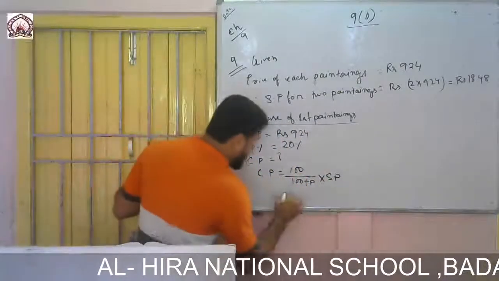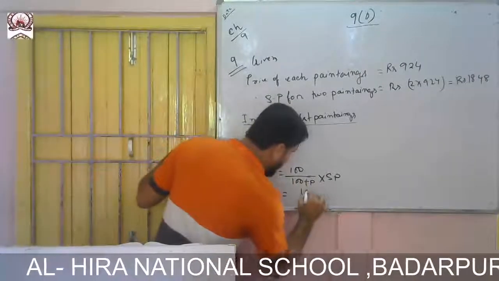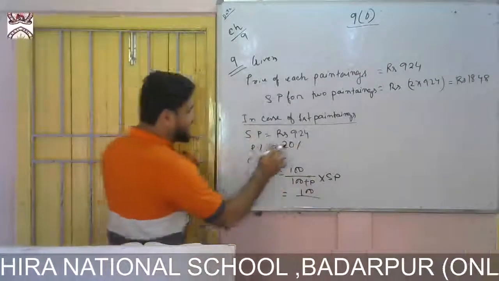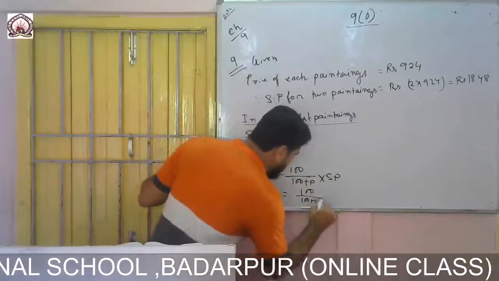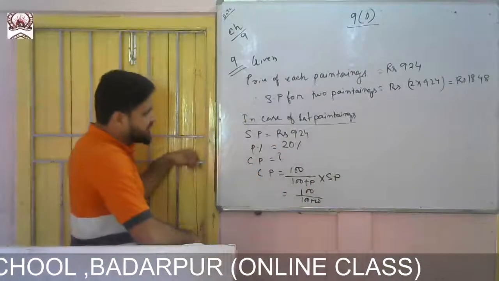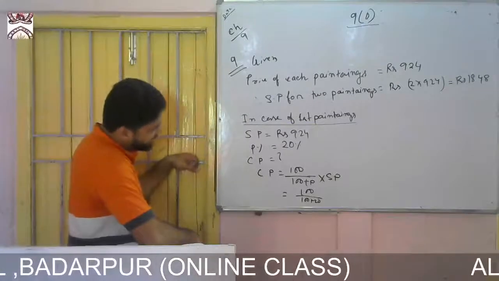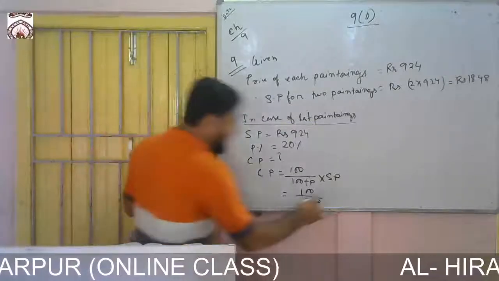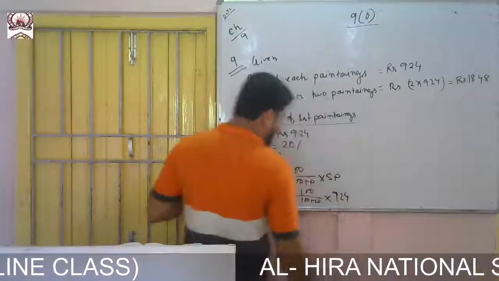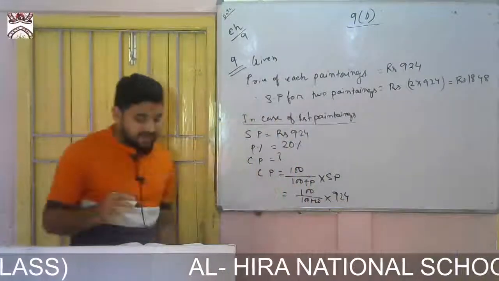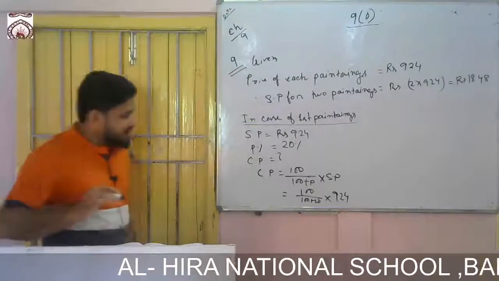This is the formula. So 100 by 100 plus P, that is 100 plus 20, into SP, 924.